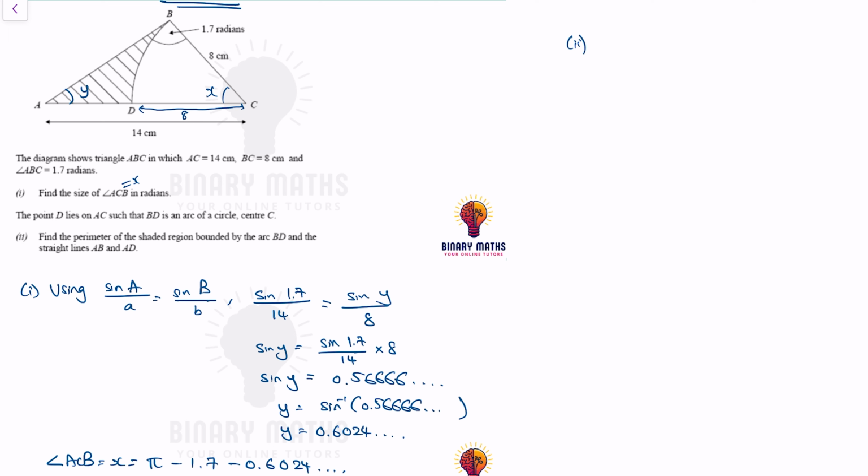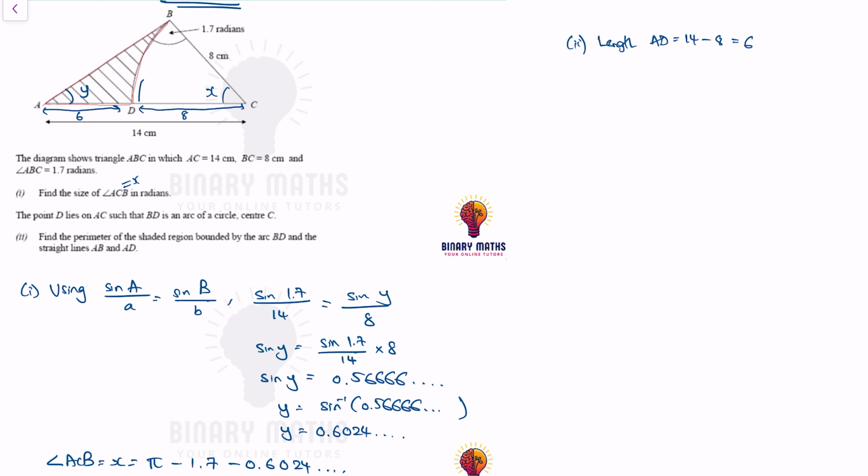So perimeter, which means I need to find this, this, and that. Because the whole thing A to C is 14 and D to C is 8, A to D must be equal to 14 take away 8, which is 6.